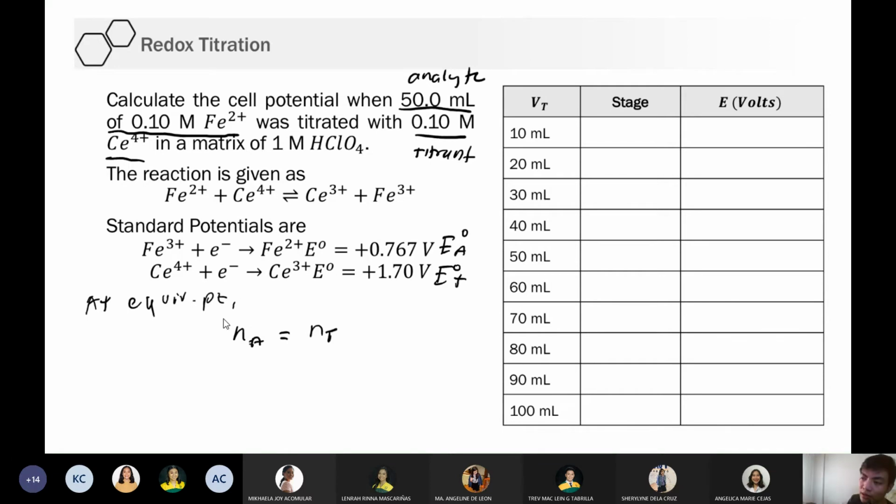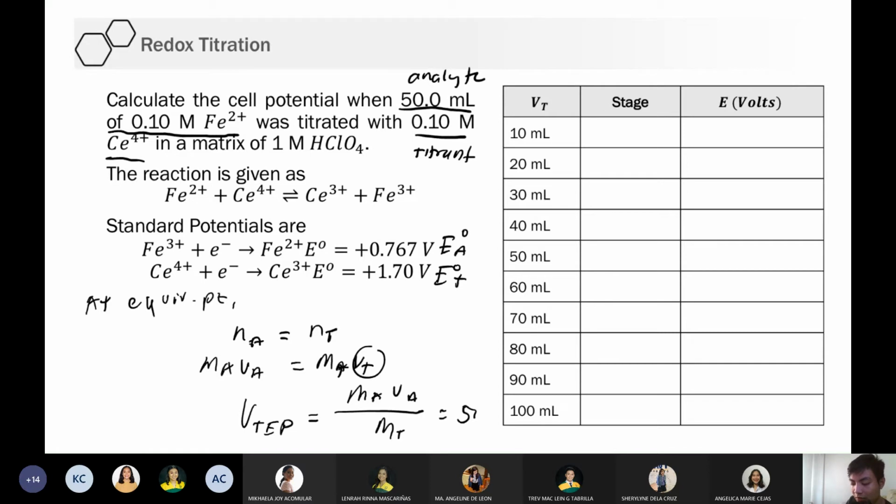No? 1-to-1 lang yung gagawin natin. Kaya ito lang. And you know that moles can be expressed as molarity times volume, no? MTVT. We are solving for the volume of titrant at equivalence point, si VTEP, our very close friend.